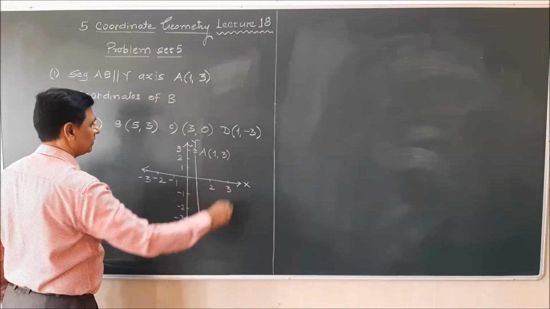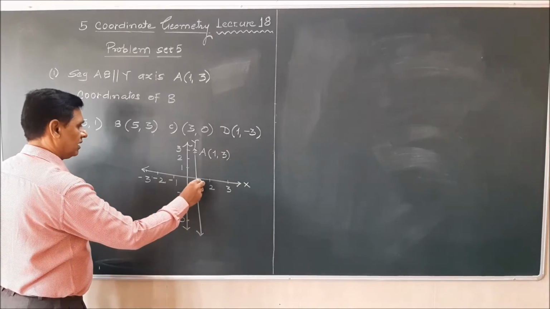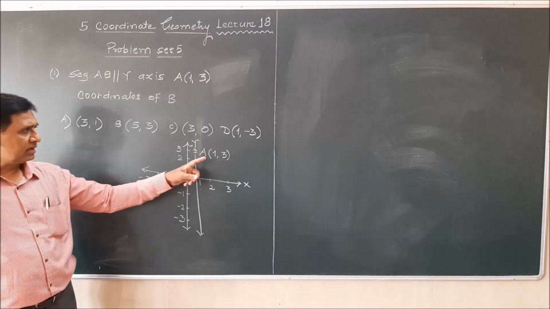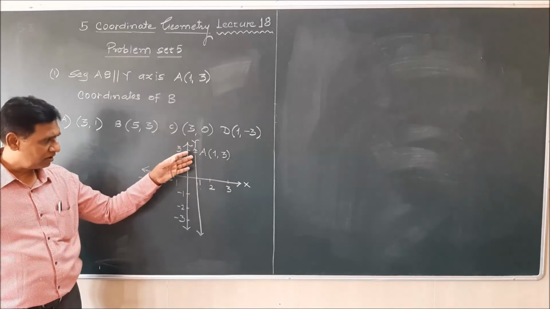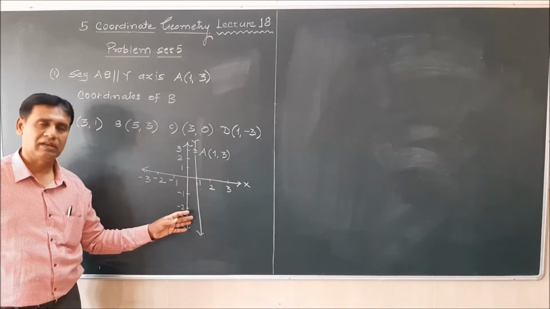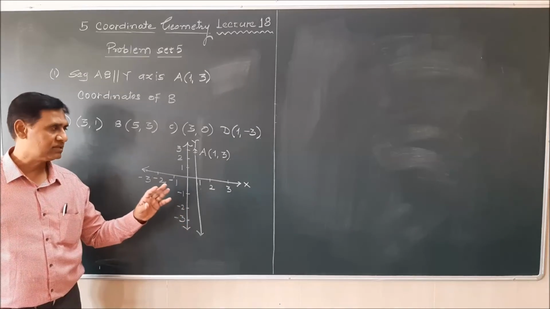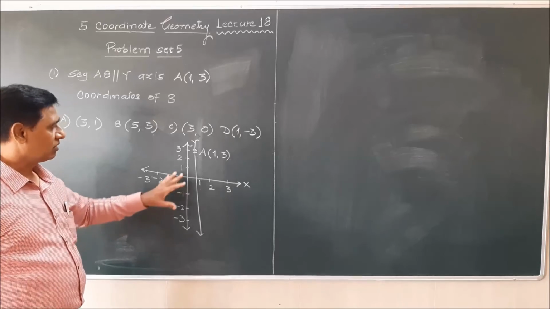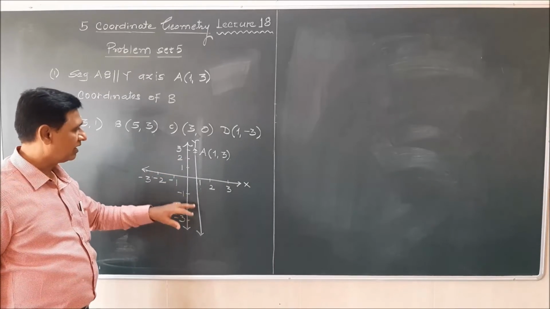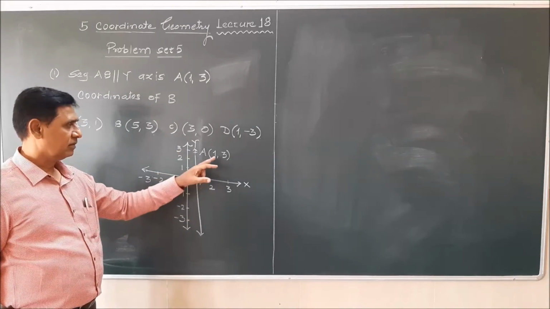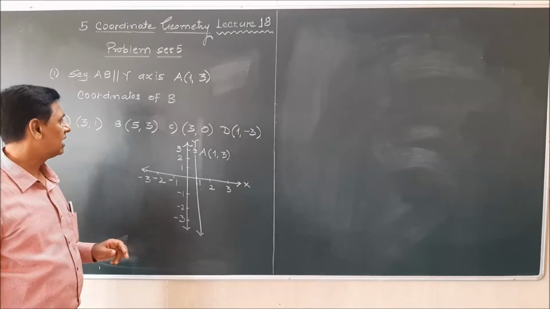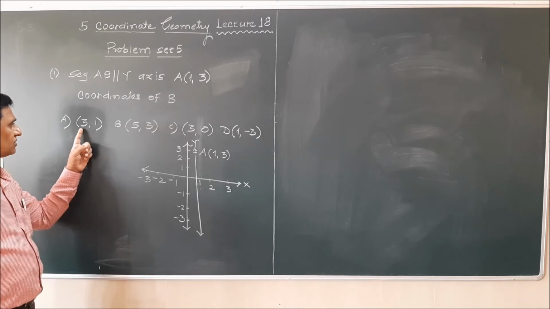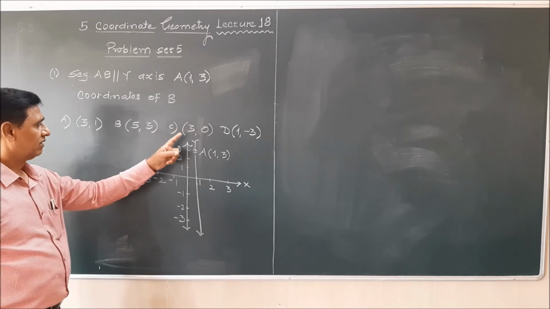So if I draw a line parallel to the y-axis through A (1, 3), it is very important to understand that the x-coordinate of all the points lying on this line is 1. I repeat again: the x-coordinate of all the points lying on this line will be 1. So you will find the first option has x-coordinate 3, here 5, here 3.